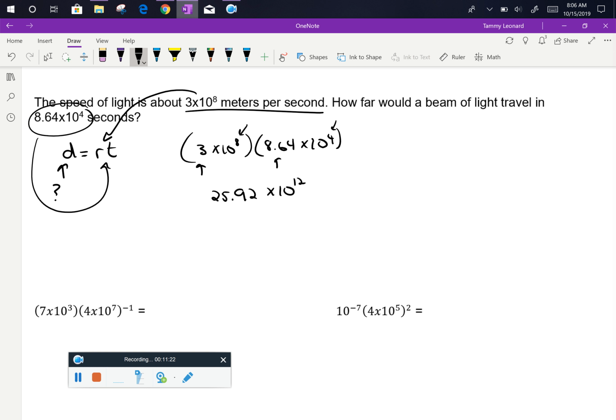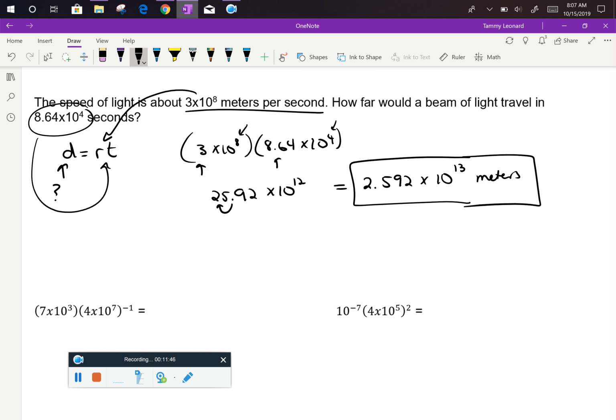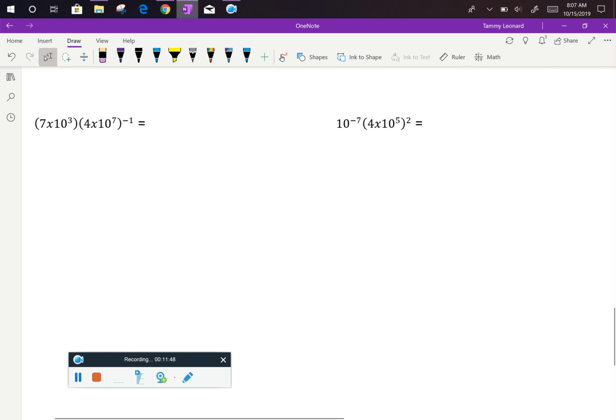But we always check our answers when we're working with scientific notation to make sure they're still in scientific notation. And we see that the decimal point would need to move between the 2 and the 5 to be scientific notation. Since we made that number smaller, we need to make our power bigger in order to balance that out. So the distance will be 2.592 times 10 to the 13th meters. Don't want to forget the units when we're doing a word problem.